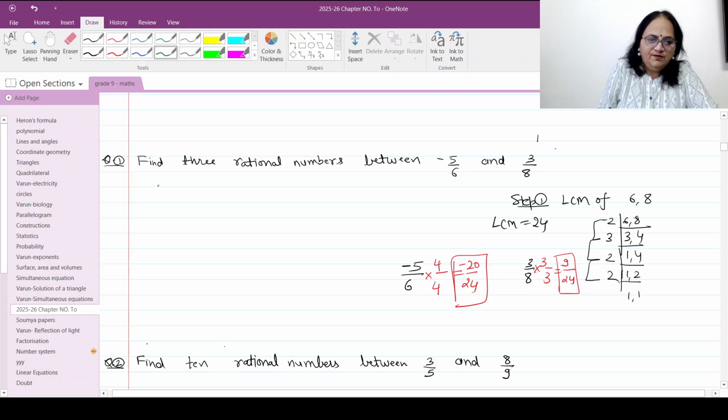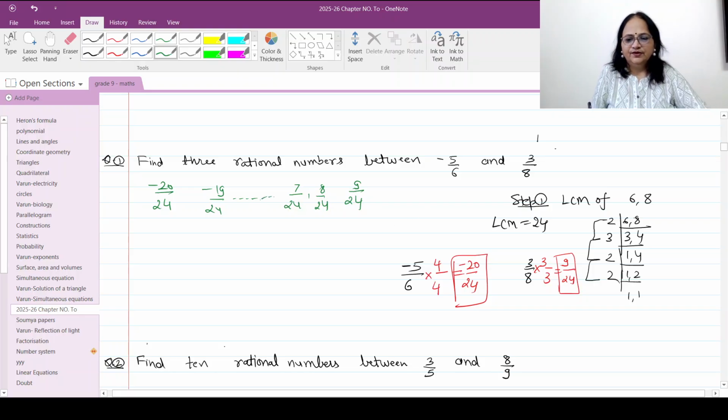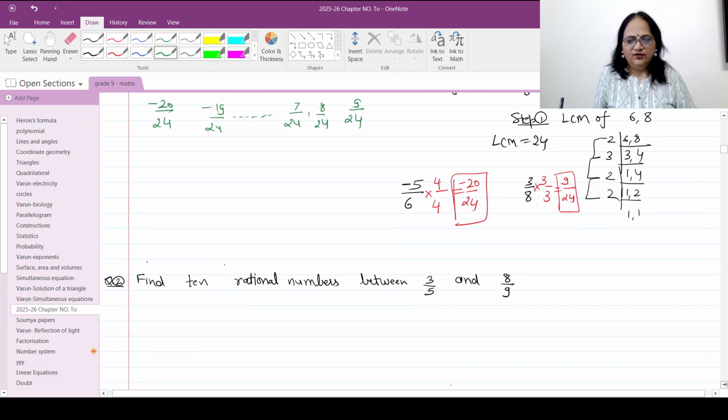So from minus 20 upon 24 to 9 upon 24, I can insert any three rational numbers. Minus 19 upon 24, and here 7 upon 24, 8 upon 24. You can pick any number. Hai na? So this is how we can insert 3, 4, 5, whatever is required.